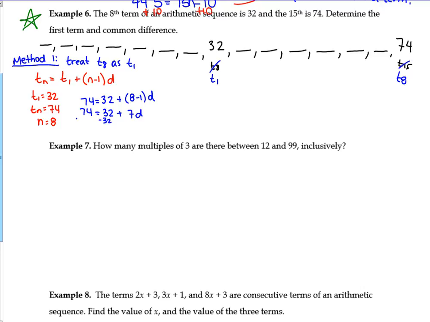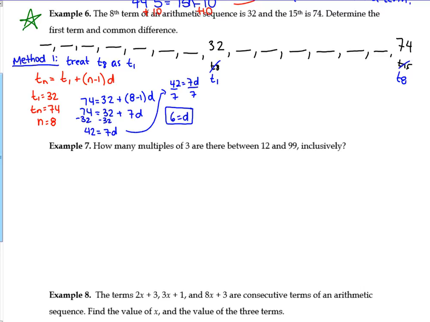Minus 32 gives us 42. And then divide by 7. Which gives us 6. Okay. So once you know your common difference, you can get your first term.